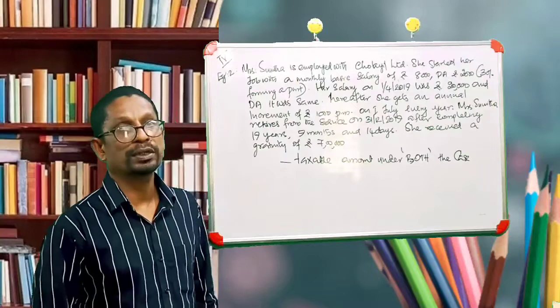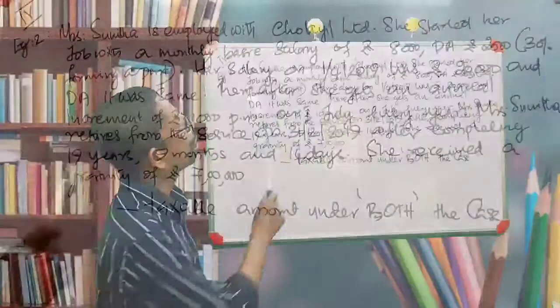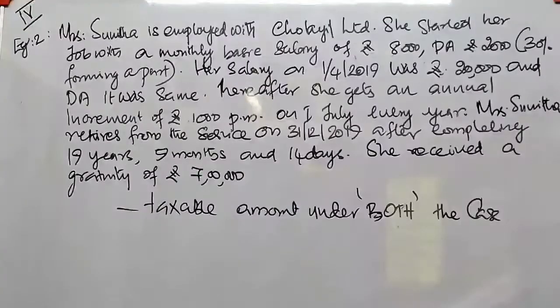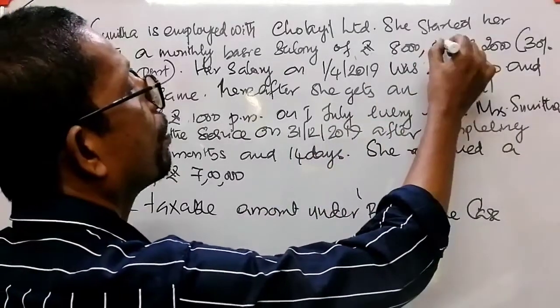Listen now, all of you listen to the question. Say Mrs. Sunita is employed with Chole Limited. She started her job with a monthly basic salary of rupees 8,000 per month, rupees 2,000 DA. This is not 8,000 per annum, per month.